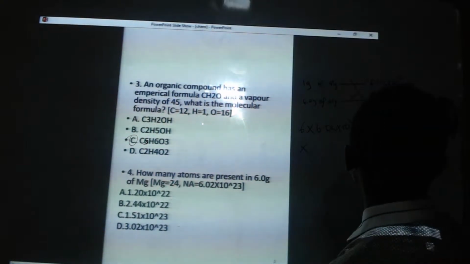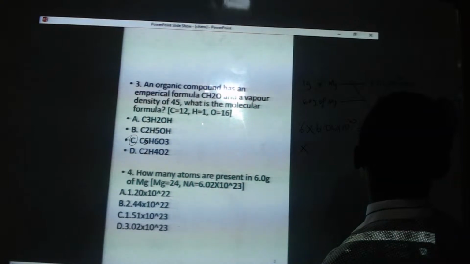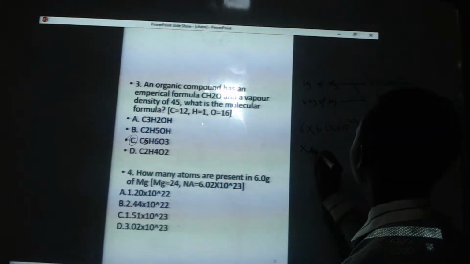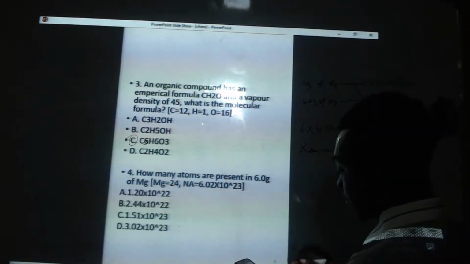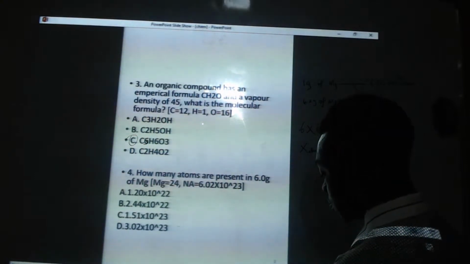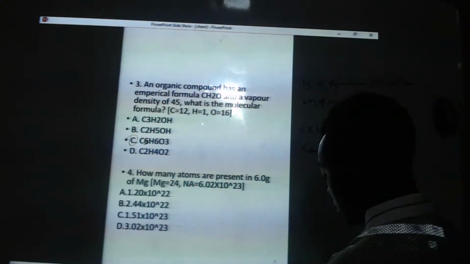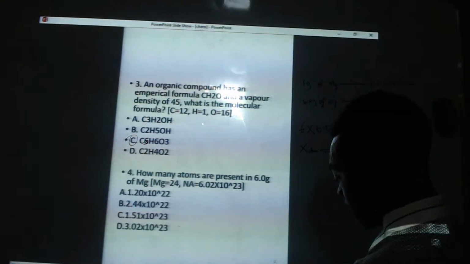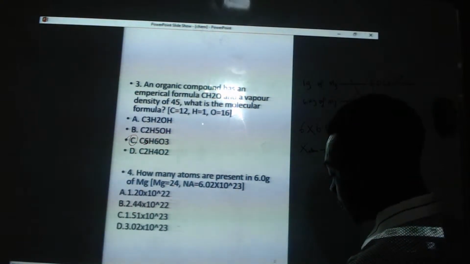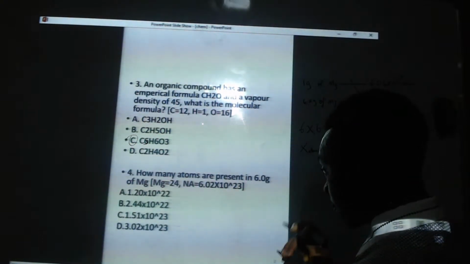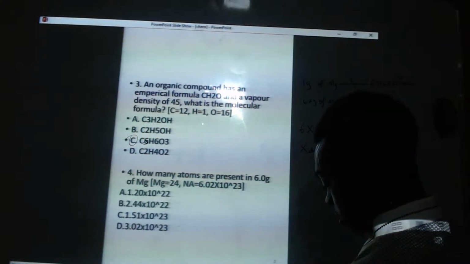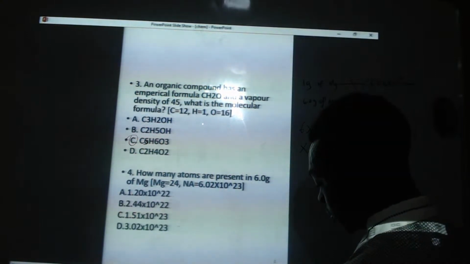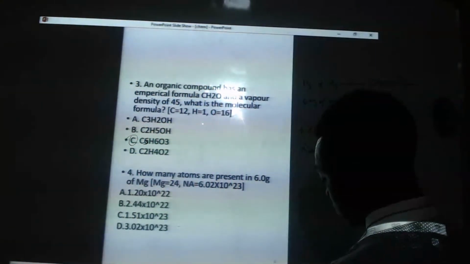You're finding your X, which is the number of atoms. So X atoms is equal to 6 times 6.02 times 10 raised to the power of 23, over 24. What you will now be getting here is 6.02 times 10 raised to the power of 23 times 6.